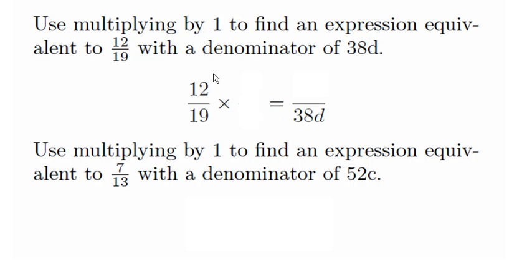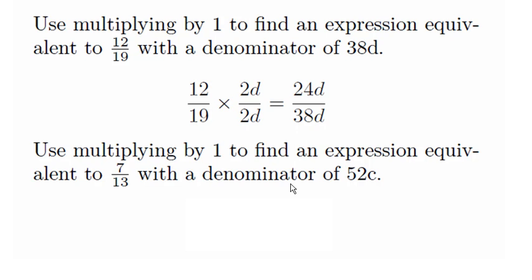Again, I ask myself, well, what times 19 gives me 38d? And it's going to be 2d. So 2 times 19 gives me 38, and then I also need to have a d, so I'm going to multiply by 2d over 2d. Then I just multiply the top. I get 24d over 38d as my equivalent fraction.